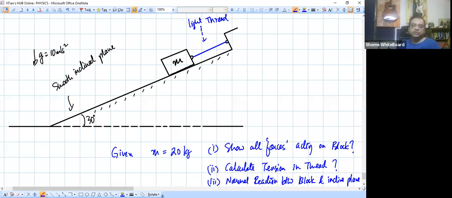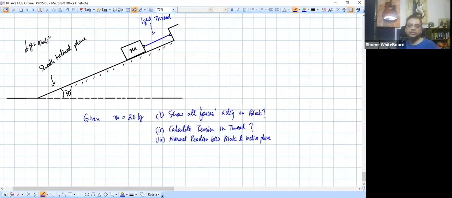Okay, so just work this out, people. This will again be an exercise in resolving the forces for you people. Okay. So take your time easily and understand how to resolve the forces and work this out.